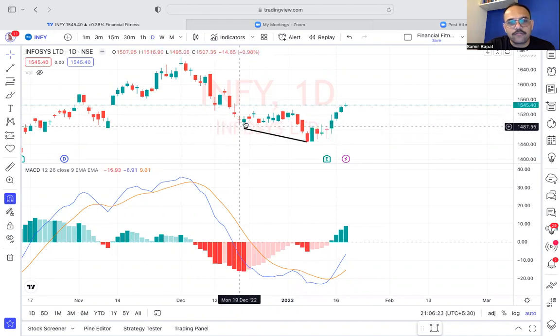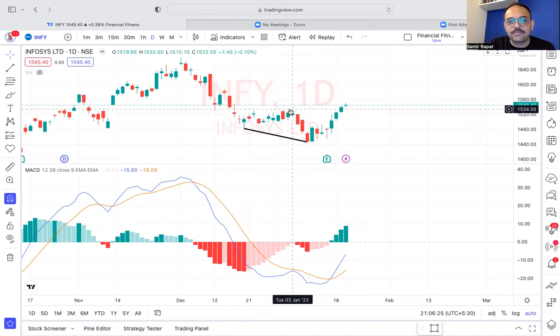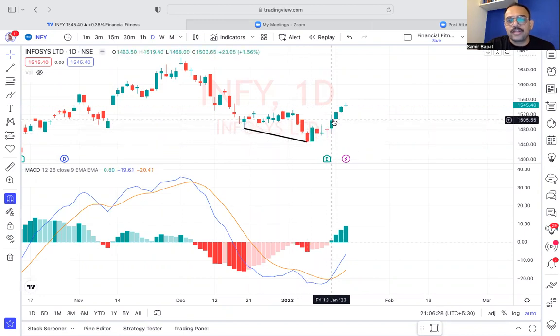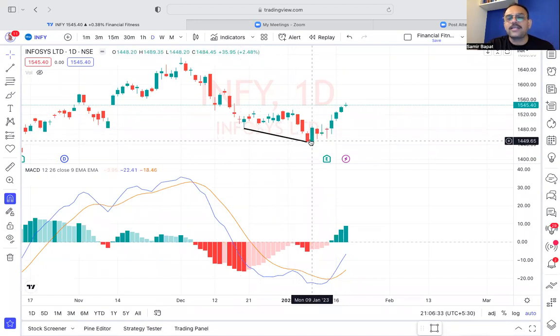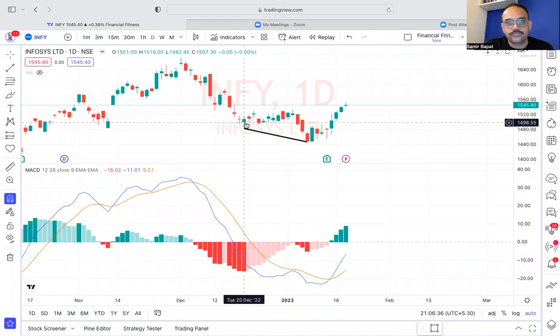It came down, formed a bottom, went sideways for some time, then went down, and then went up till here. Can I say this bottom is lower than the previous bottom? Agree? Clear? If you agree, type A.